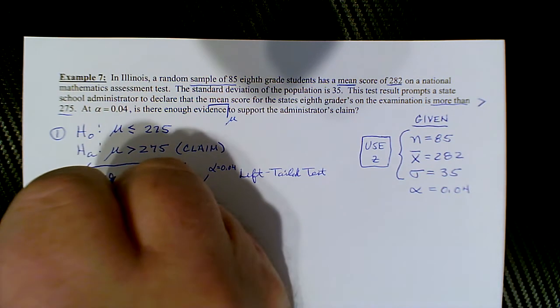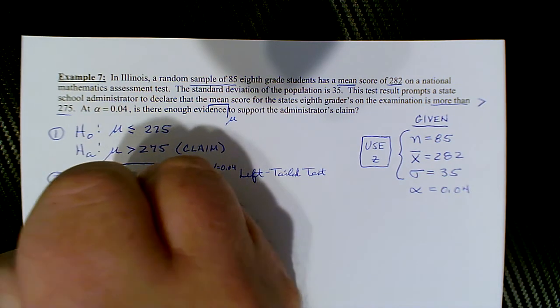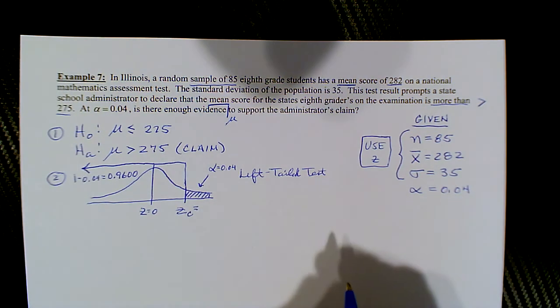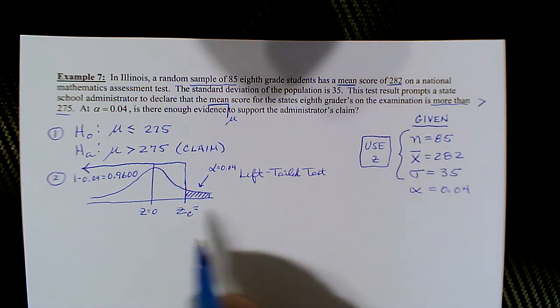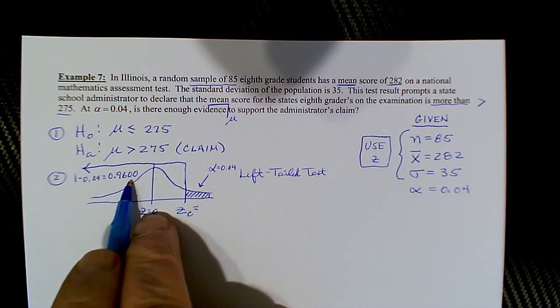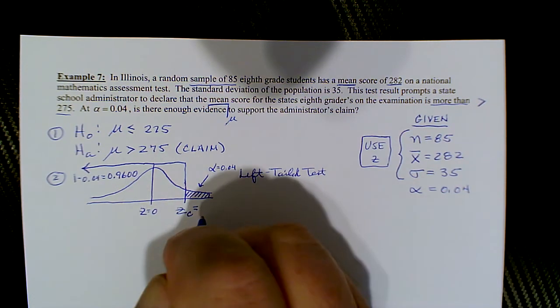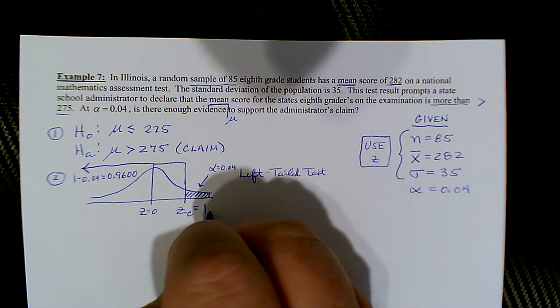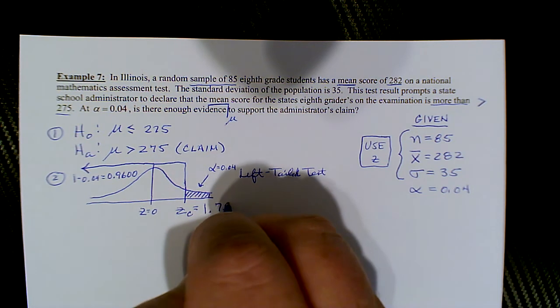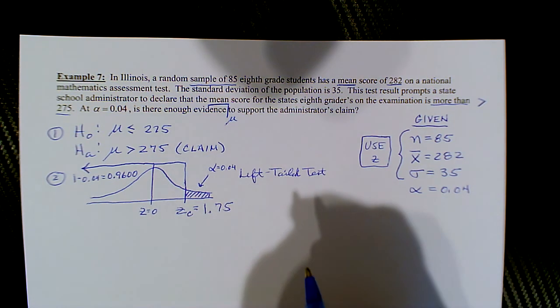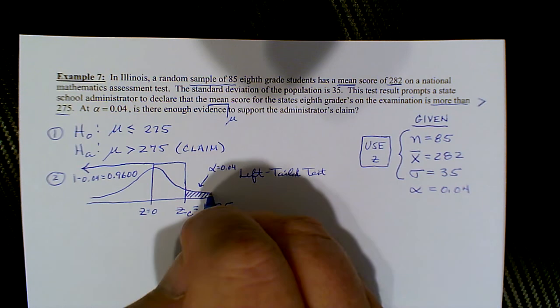So then we go to our test statistic. So our test statistic is Z equaling, again the formula is x bar minus mu over sigma divided by the square root of n. X bar from the given was 282.